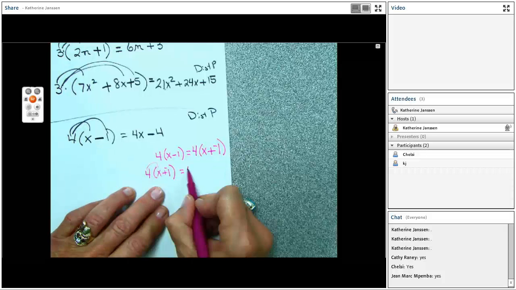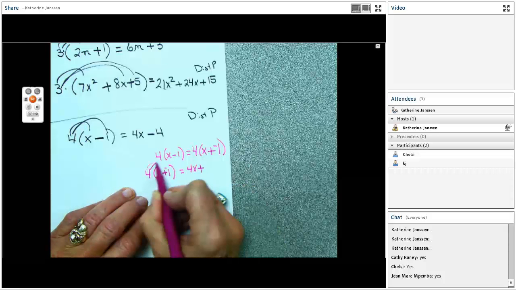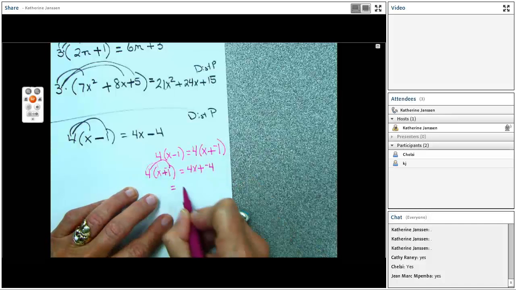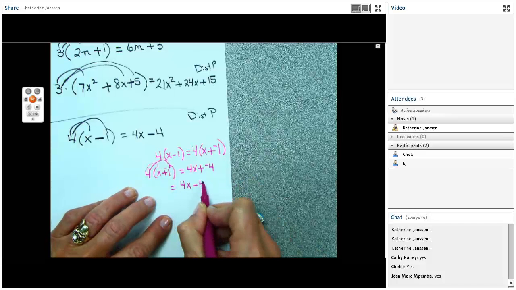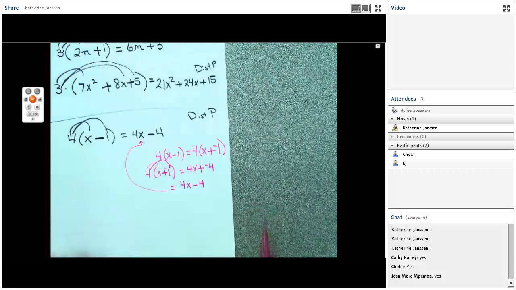Four times the first term is 4x. Pick up your sign, and 4 times a negative 1 would be a negative 4, and we simplify that to 4x minus 4. Sometimes we have to work things out a little bit longhand to control properly the sign of our terms.